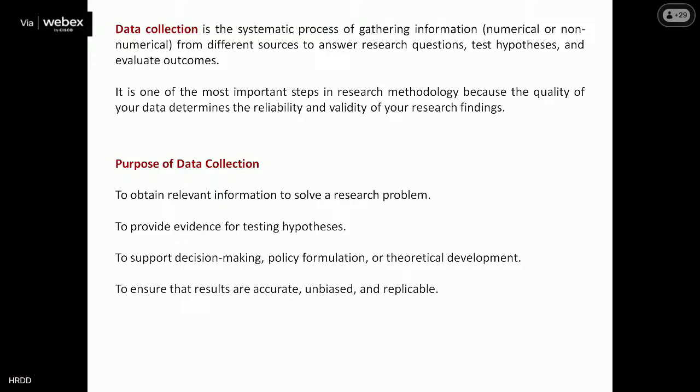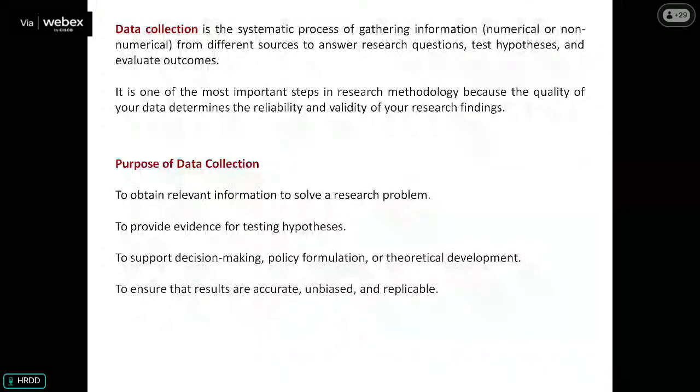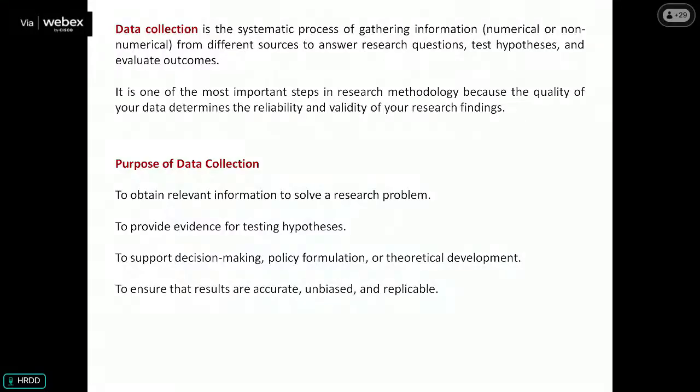It should be a systematic process of gathering information, numerical or non-numerical, from different sources to answer research questions. So whatever hypothesis you are targeting, to prepare titanium dioxide, TiO2, you should get TiO2. So you start with titanium isopropoxide, you drop alkali and you get precipitation.